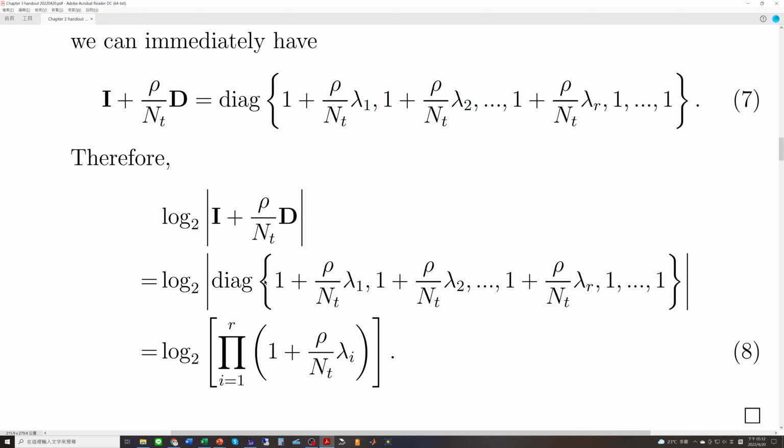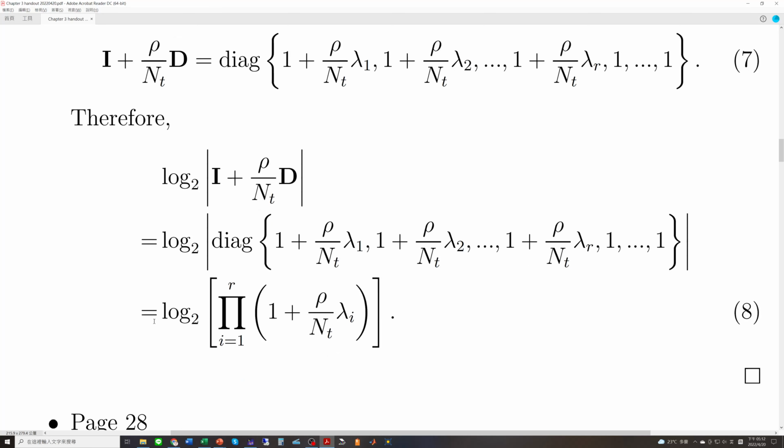I think it is easy to prove, so I do not want to go through too many details here. So this is equal to log 2 of the product from i equals 1 to r of 1 plus rho over nt times lambda i. This completes the solution.